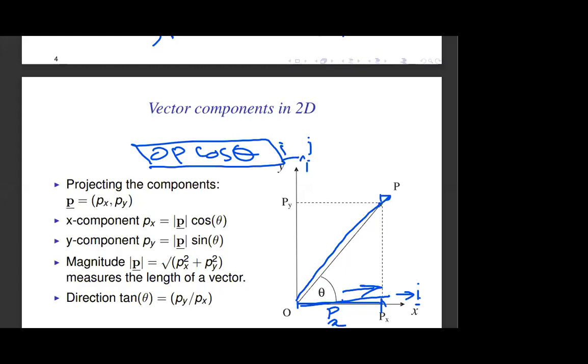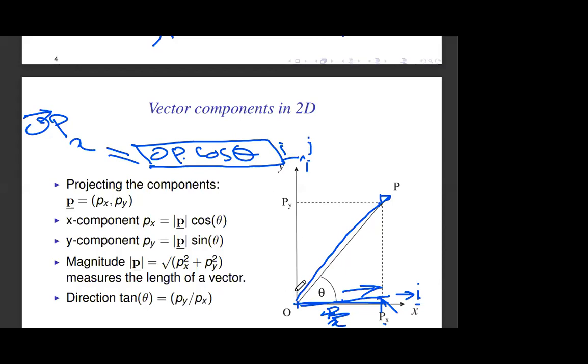You get the OPX vector. So the OPX vector is equal to OP, this length, times cosine theta, times the unit vector along the OX axis, i.